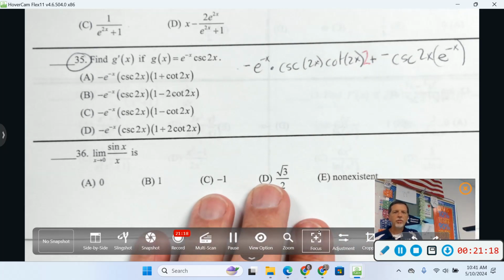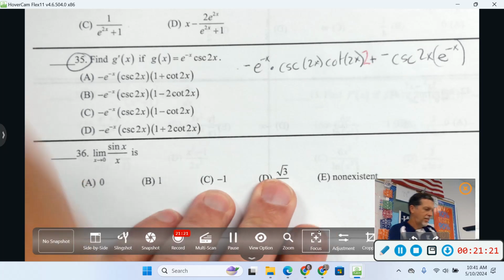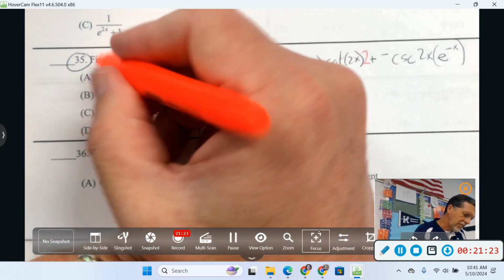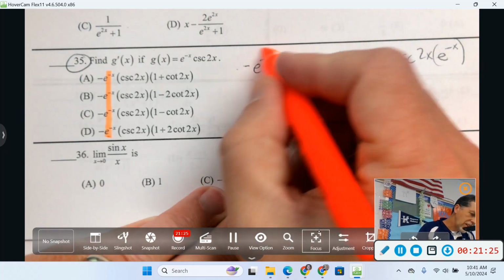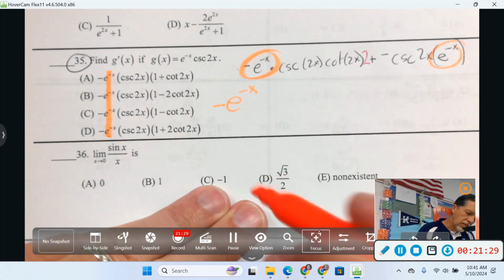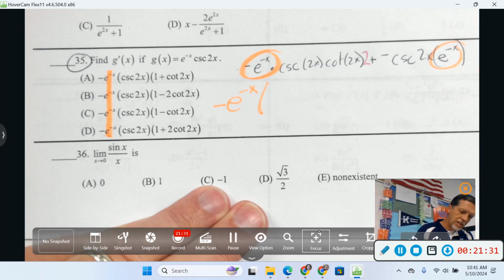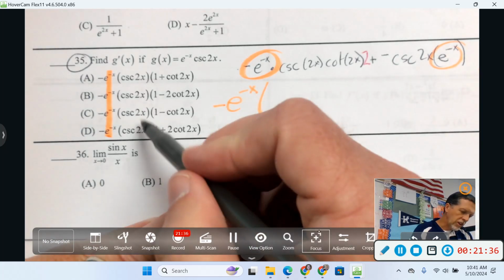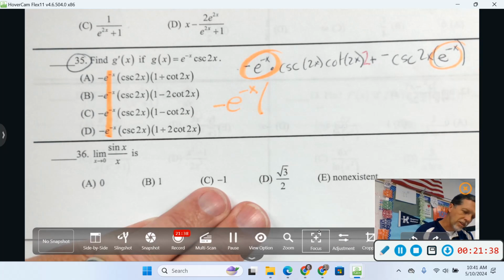Okay, look at my answer choices, and they all have negative e to the negative x factored out. So let's factor that out and see what's left. Oh, they all have cosecant 2x factored out, so let's do that as well.